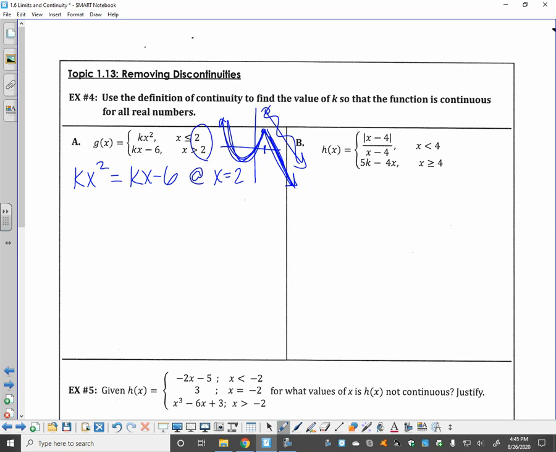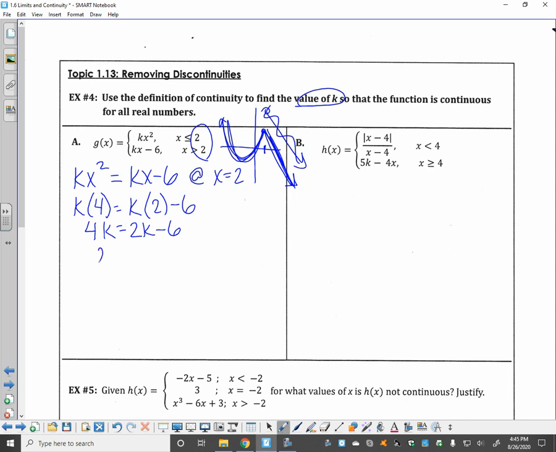Okay, let's go back and read the directions. Using the definition of continuity, find the value of k. So I want k. And I need to know what k is when x is 2. So if I plug a 2 in here, okay, let me write this so it looks normal. It's just an equation.